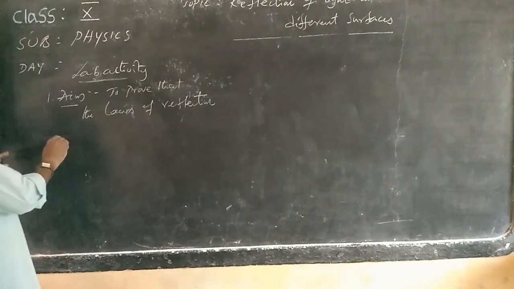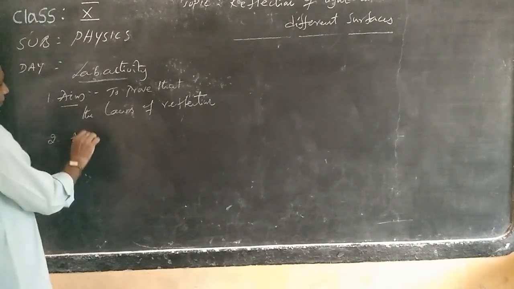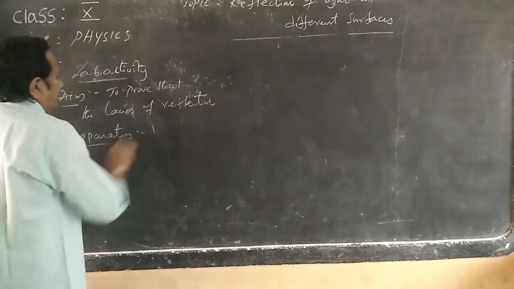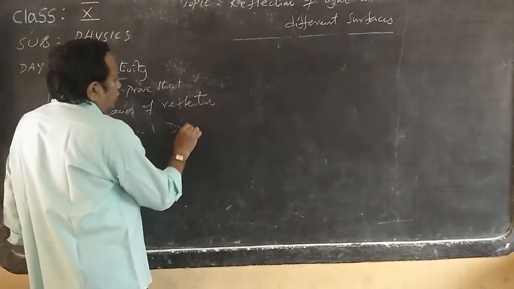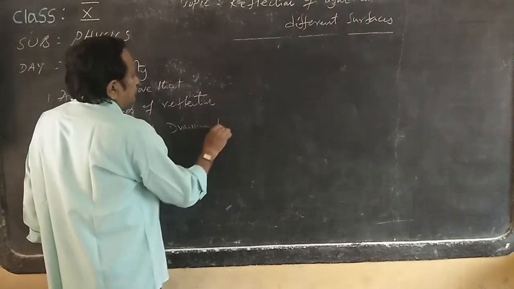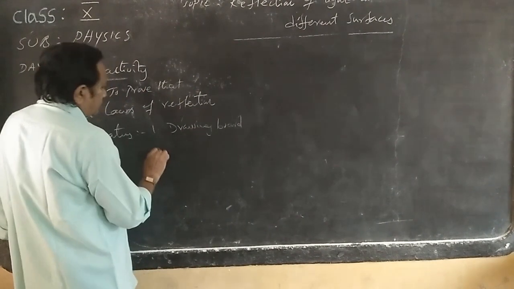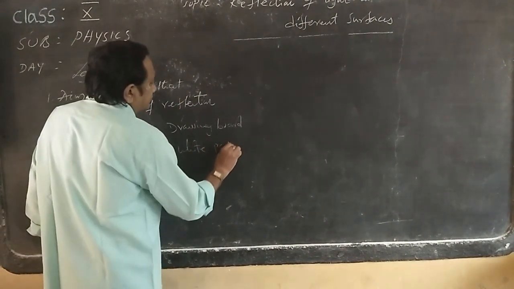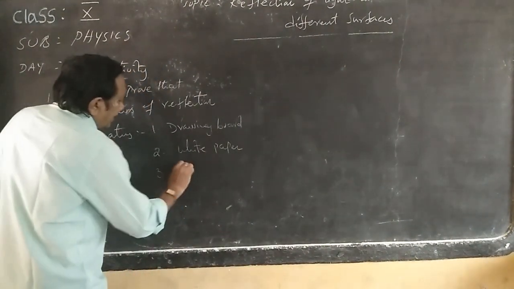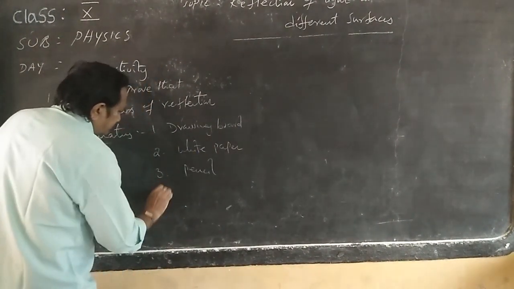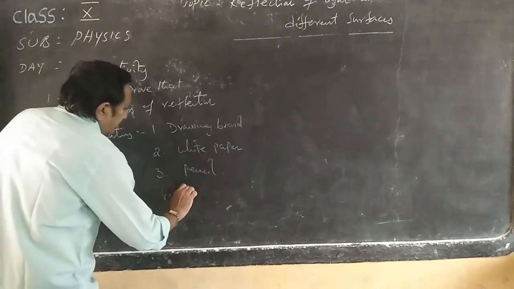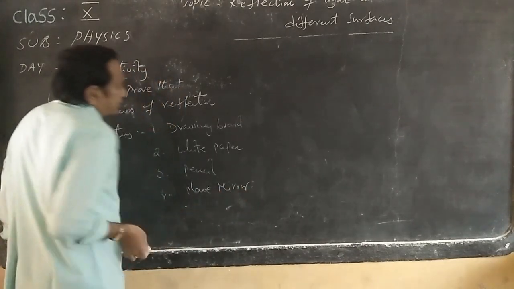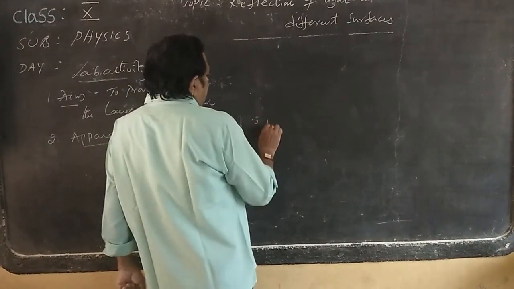The apparatus needed for this experiment: a drawing board, drawing paper or otherwise a white paper, pencil, plane mirror, protractor.